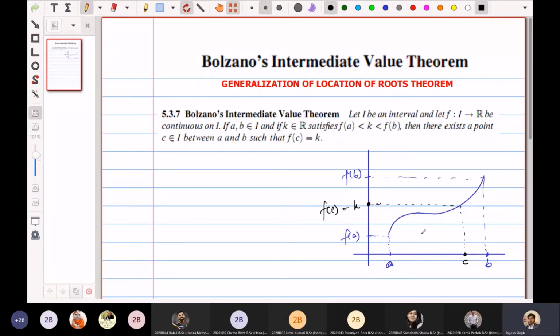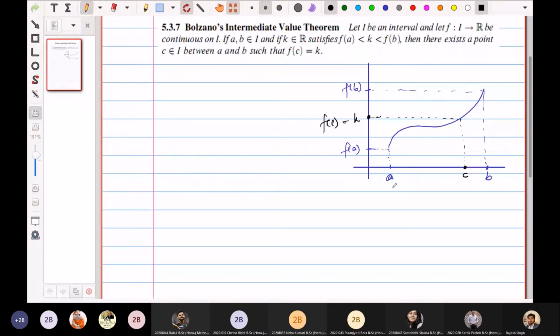Yes, sir. And how is it different from your location of roots theorem? Why is it similar to the location of roots theorem? Sir, in that k was 0. Yes, in that k is 0. So f(a) will be either below or above the x axis, that's all.